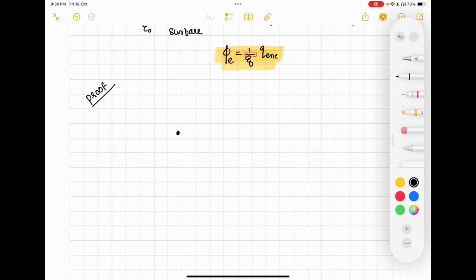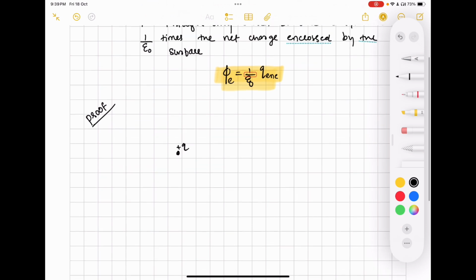Suppose we have a point charge plus Q and we need to find the electric flux through a closed spherical Gaussian surface. Suppose this is the spherical surface and we have a plus Q charge here. The radius of the surface is R, and the electric field of a plus Q charge will be radially outward, and the area vector is also in this direction.